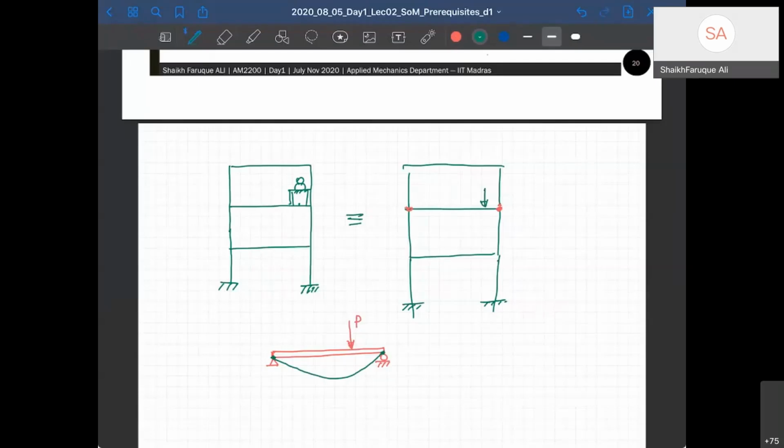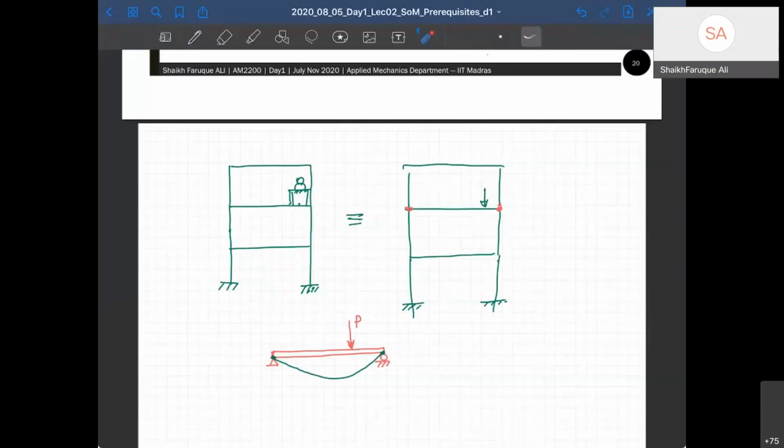The structure is trying to release the load through this to the support and through this to the support. While it is releasing, the load has to transfer from each of the particles or points inside. So it will try to push fibers against each other.